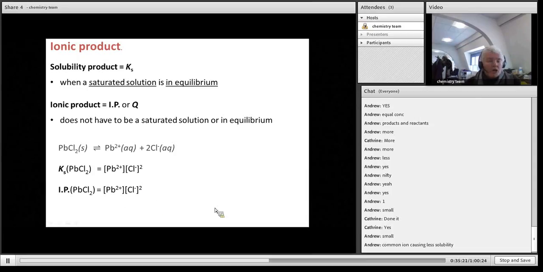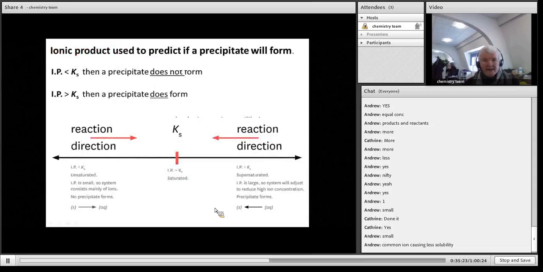So where does this lead us? If my Ks is at equilibrium, then by calculating the ionic product, which is when it's not at equilibrium, I can see which way the reaction is going to go. Is it going to go left to form more solid, so I get a precipitate, or right to form more ions, so I have less precipitate?